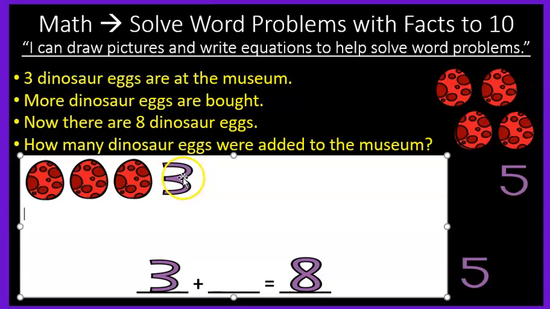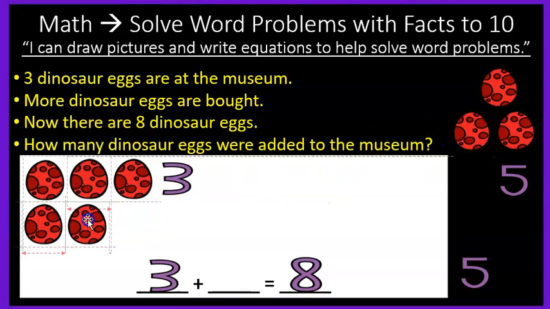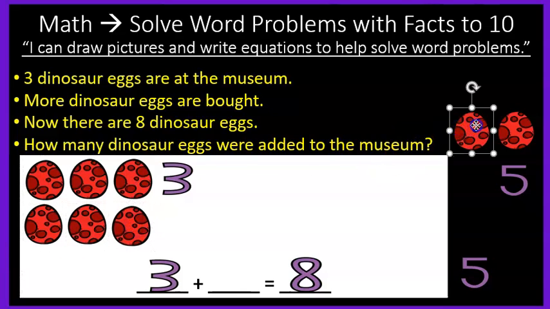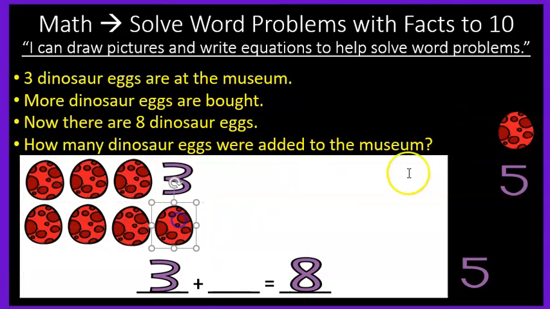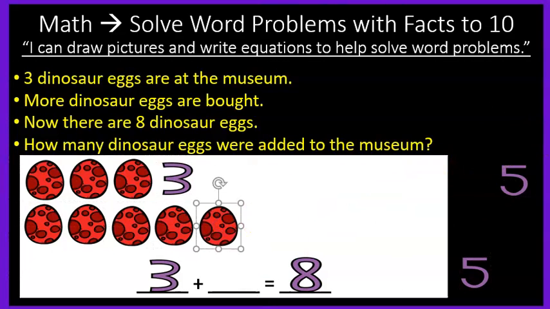So help me with this. Let's do this together. 3, 4, 5, 6, 7, 8. Now look at that, boys and girls. We finished now. We now know how many eggs they bought. And we know now there are 8 eggs together.